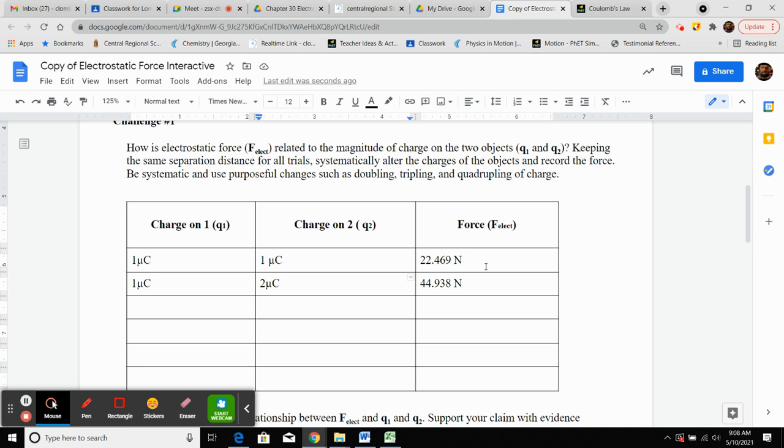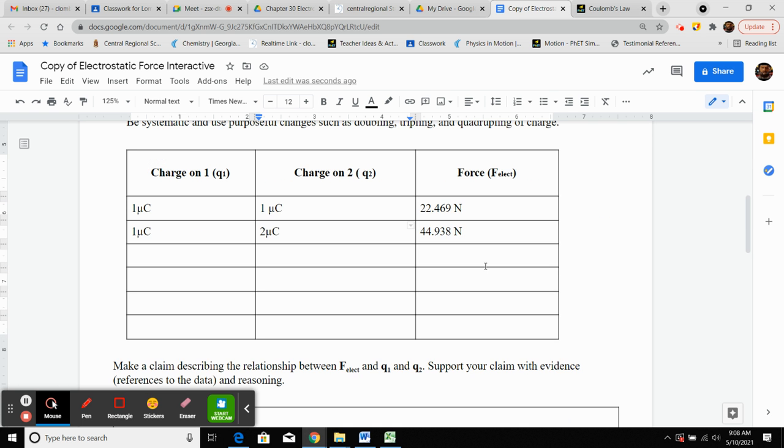And so what is going on with this? Well, I doubled one of the charges and the force doubled. That's good. What if I tripled just one of them? I'm going to make the second one 3. How do you think that is going to affect it? Anyone have an idea? Do you think it's going to triple? Because the first time we doubled one of them and the force doubled.